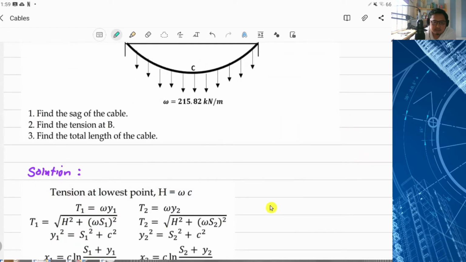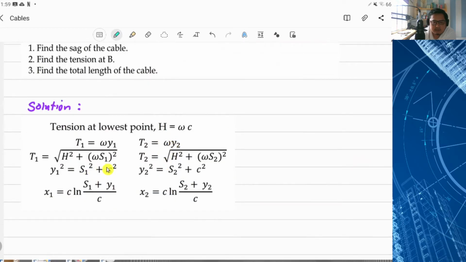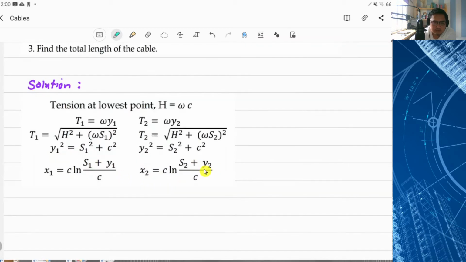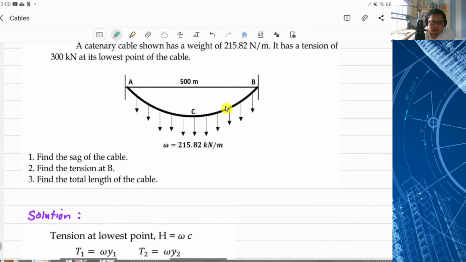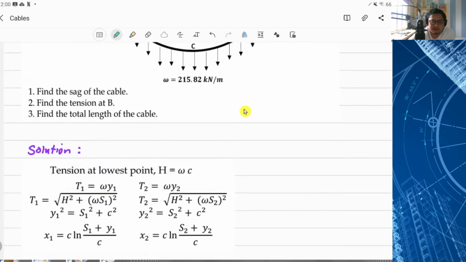Let's solve. I just copied the formulas involved from our discussion so that we can easily look at them and evaluate which formula to use. In our problem, the given is x1 plus x2, a total of 500. Since this is symmetrical, x1 and x2 are both 250, half of the 500.